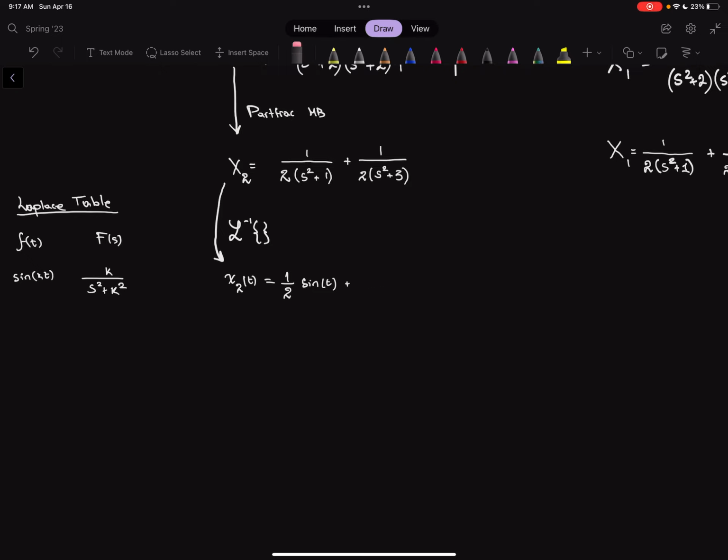Well, here I need a square root of 3, because this is my k squared. But then I can't just multiply by that, I also need to divide by that. So I'm going to have a square root of 3 here. So I'm really going to have 1 over 2 square root of 3 times the sine of square root of 3t.